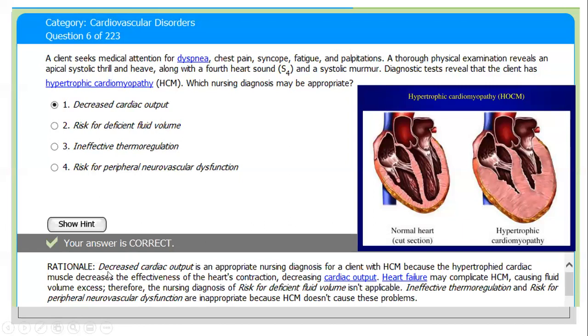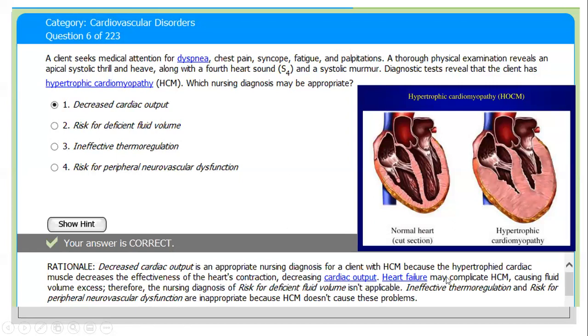Decreased cardiac output is an appropriate nursing diagnosis for a client with hypertrophic cardiomyopathy, because the hypertrophied cardiac muscle decreases the effectiveness of the heart contraction.